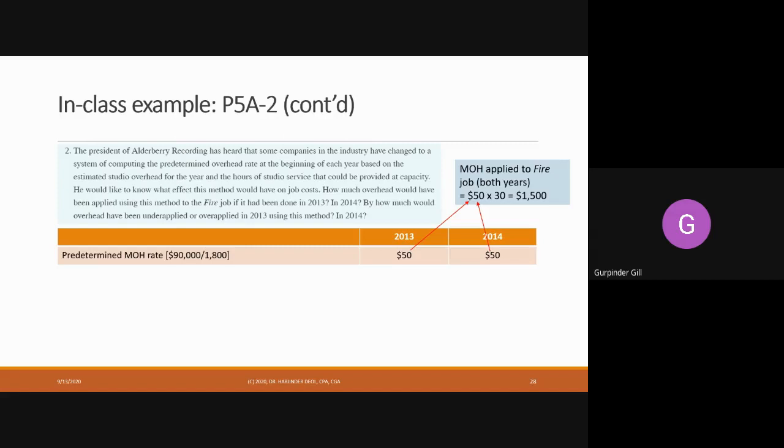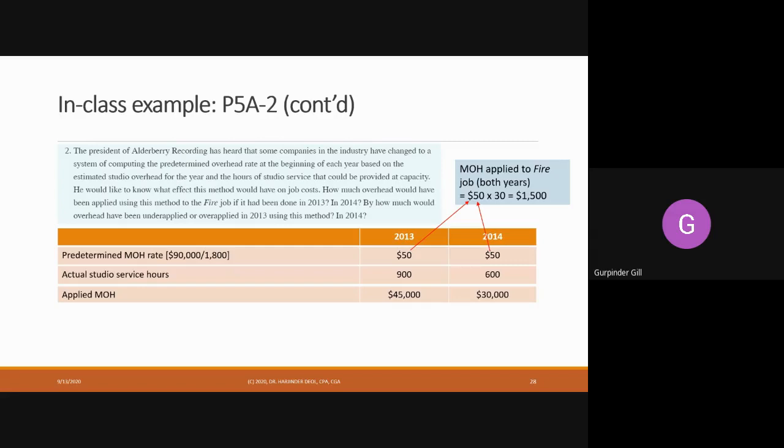Now, if we look at how much overhead was applied during these years, our actual studio service hours were 900 hours in 2013 and 600 hours in 2014. Those multiplied with our predetermined overhead rate of $50 an hour would have given us applied manufacturing overhead cost of $45,000 in 2013 and $30,000 in 2014.